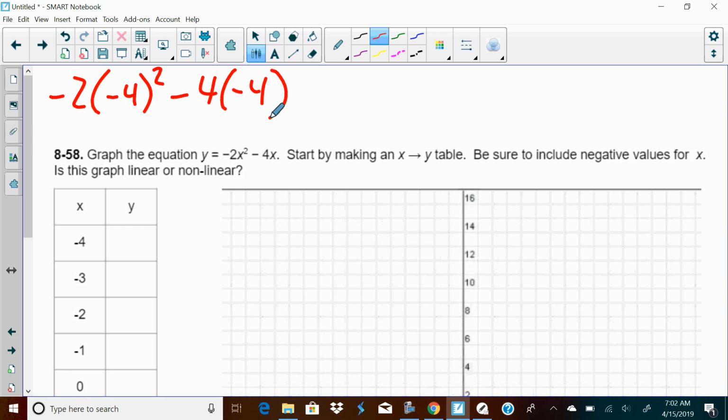So -2 times -4 squared, -4 times -4, and it gave me the answer of -16. So now to plug in -3, I just go up in my calculator and change all the -4s to -3s, and it gives me -6. Same thing for -2.